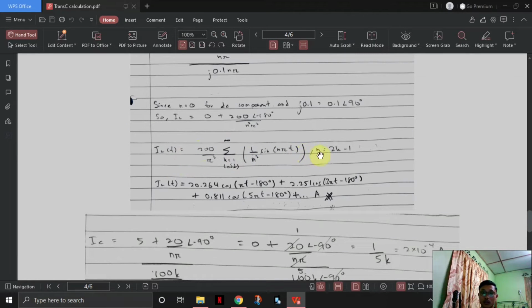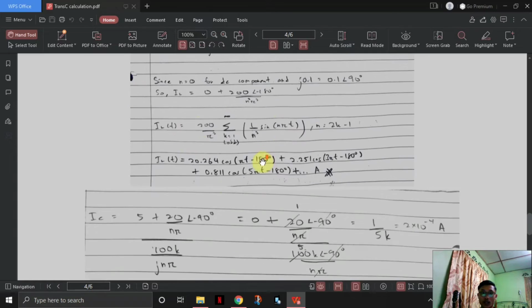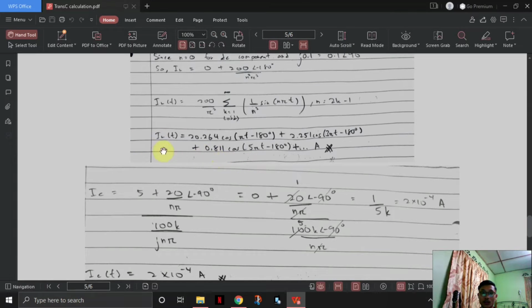So we just input 2k minus 1 for n, and then we'll get the final answer for the current for the inductor, which is 20.264 cos pi t minus 180 degrees plus 2.251 cos 3 pi t minus 180 degrees, and plus 0.811 cos 5 pi t minus 180 degrees ampere, and so on, response with time.